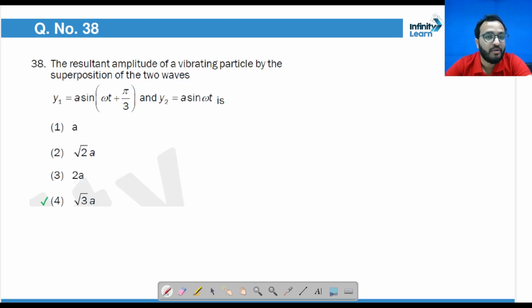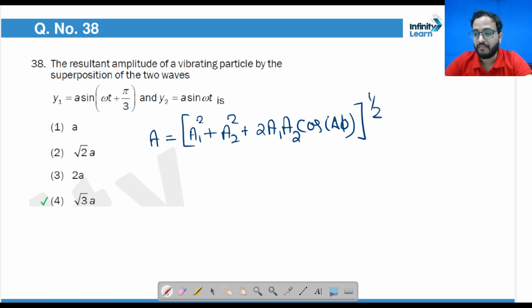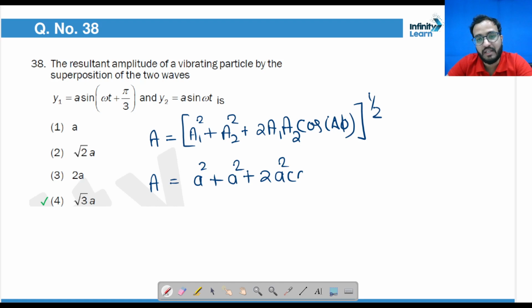Now, the resultant amplitude of a vibrating particle by superposition will be, see, resultant amplitude is always a1 square plus a2 square plus 2a1 a2 cos of delta phi, whole to the power 1 by 2, right? So we will say amplitude will be a square plus a square plus 2a square.